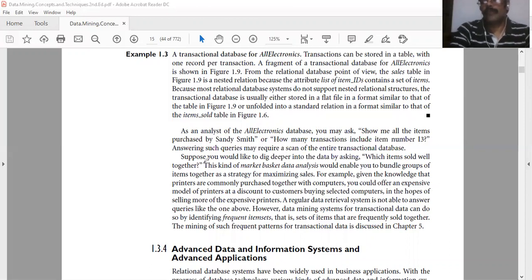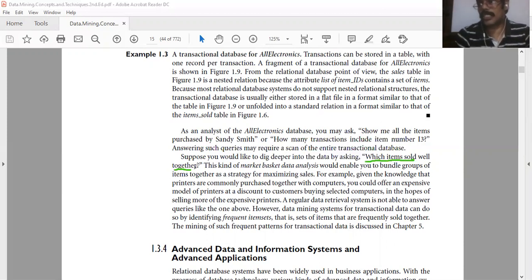Suppose we want to think deeper into the data and ask which items sold well together.